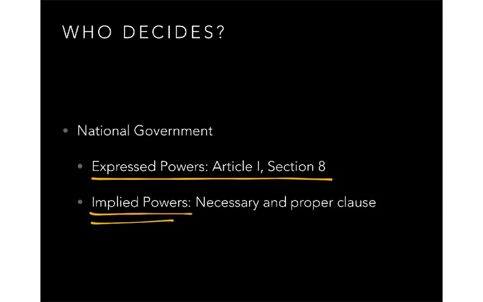But at a minimum, before we get into the details of that, we need to know that the powers that Congress derives from it, saying that we get this power because it's necessary and proper to carrying some other power into execution, we call these implied powers. You can't find them per se in the Constitution, but they're derived from that last clause in Article 1, Section 8. And these are going to be the big powers for the national government. And this will expand significantly as time goes on, what will be considered necessary or proper.